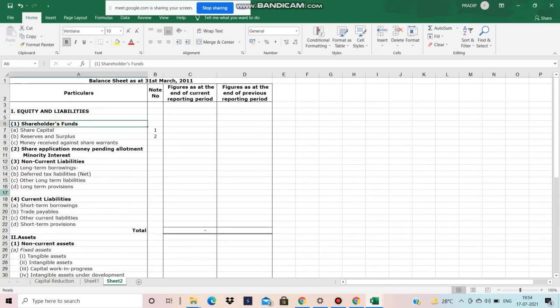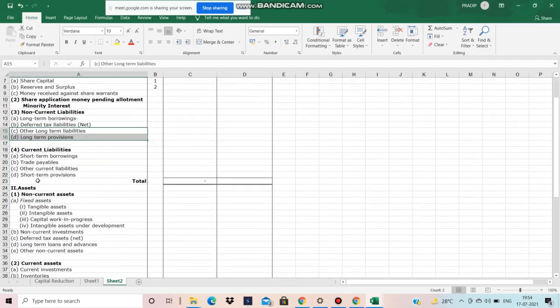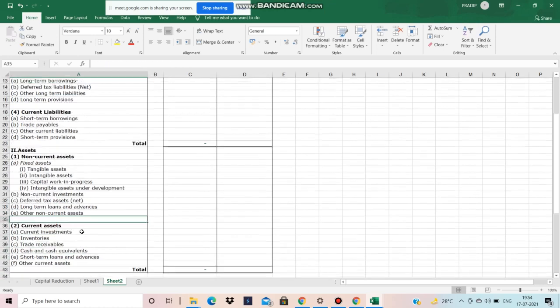There is a head, shareholders' funds, share application money, non-current liabilities; this is the main head and these are known as subheads. In assets there are non-current assets, the main head, under which are fixed assets, tangible, intangible, capital work in progress and intangible assets under development. Then non-current investments, deferred tax asset net, long-term loans and advances, and other non-current assets.